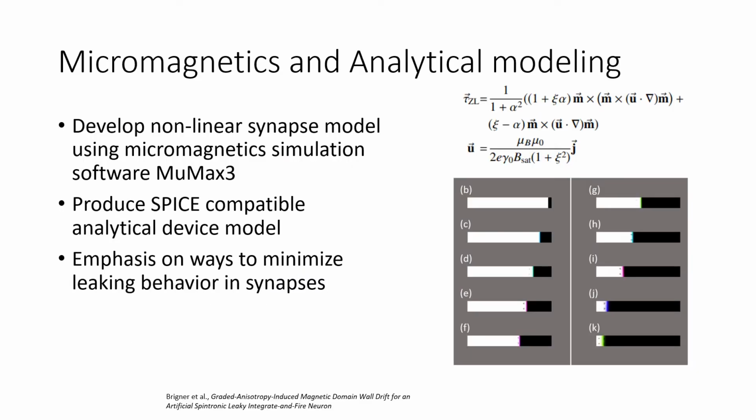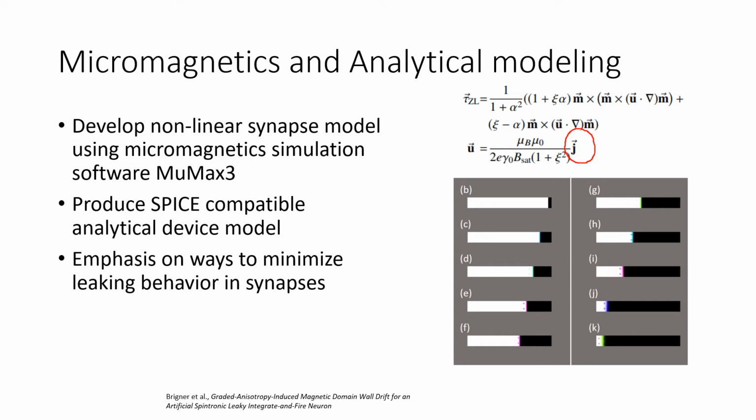To analyze the physics of this system, I'll be using MUMAX-3, which is a micromagnetic simulation software that uses the Landau-Lifshitz-Gilbert equation to solve the magnetization at each time step. The only thing I want to highlight here for the Landau-Lifshitz-Gilbert equation is that the torque, and thus the velocity, is linear to the current density that's passing through the device.